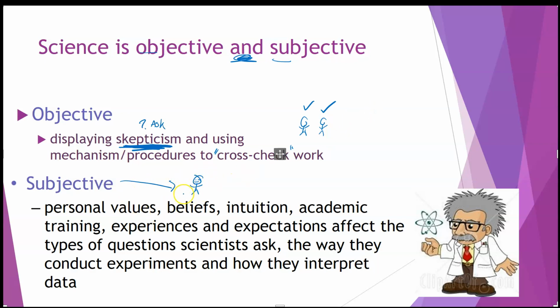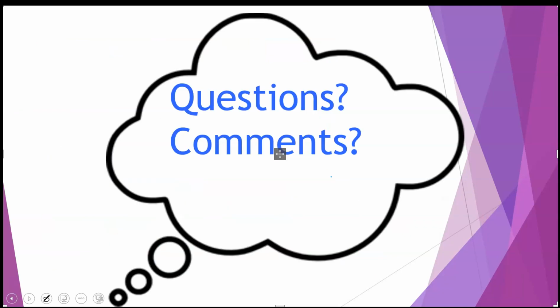They may have had certain types of values, beliefs, experiences, intuition, training, all these different things that make them look at a question a different way. So that's why it's so critical that we try to bring a sense of diversity into science, because we need people from different perspectives and different walks of life to be answering these questions.